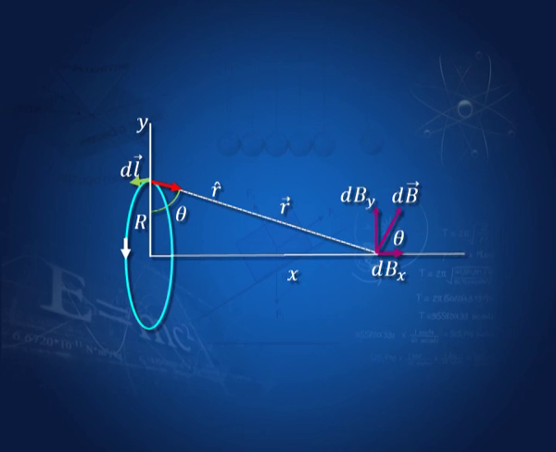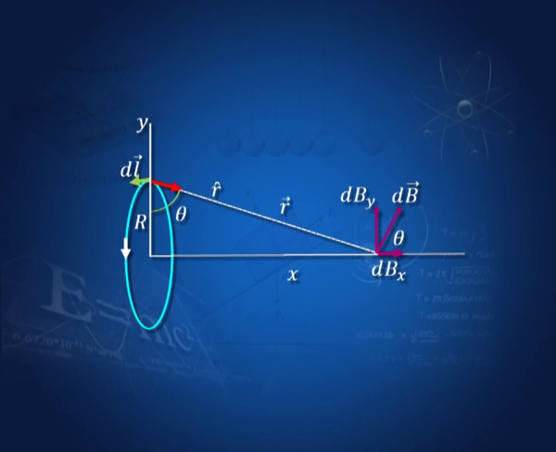Now, if I choose another current element here, then this d b y would be in this direction and the 2 d b y's would cancel. So, diametrically opposite current elements would cancel the y component of the magnetic field. So, we have to worry only about the x component of the magnetic field, that is d b cos theta, and we know theta, therefore, we can use this.